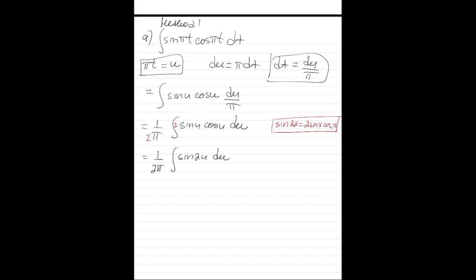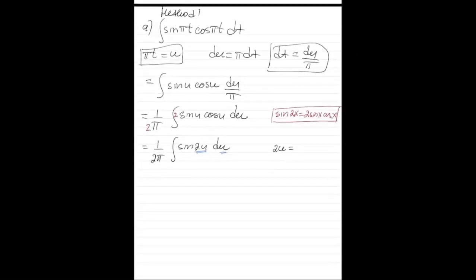So now we're almost ready to integrate, except I have 2u here and u here. So you can do another substitution if you want to, where 2u is equal to, what do we want to use? Did we have x? No, we didn't have x, so let's just do x.